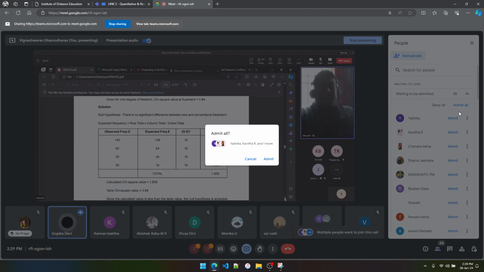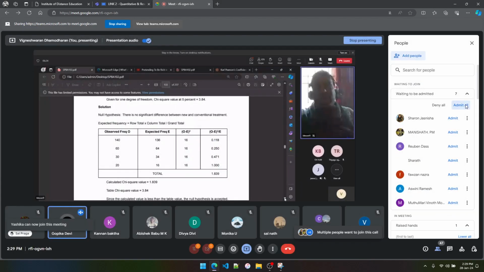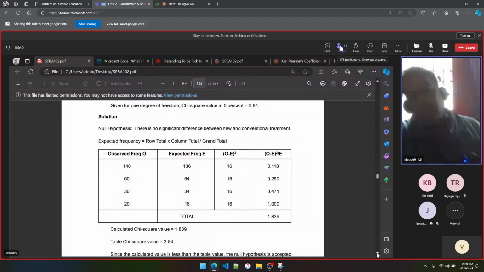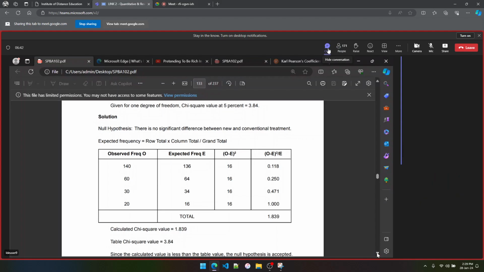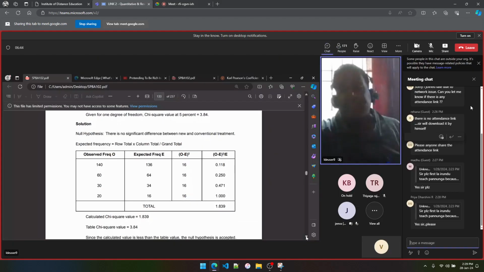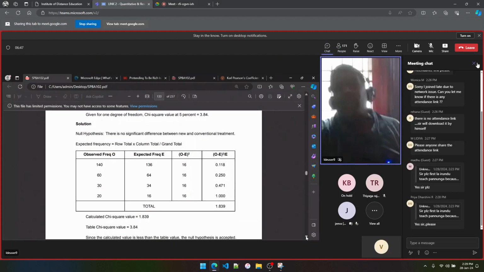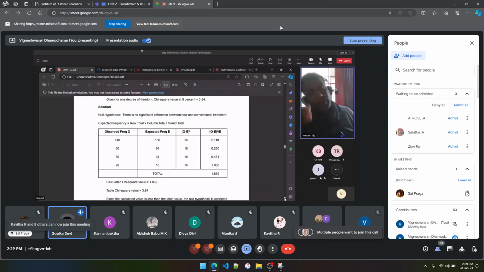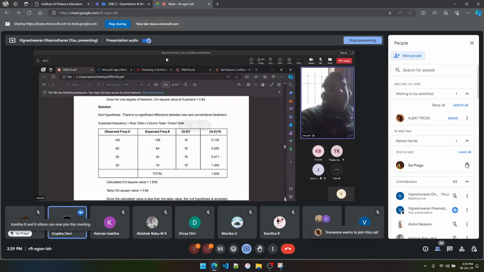We are very happy because all the values are the same, because the differences of all the estimates are the same. I mean 16, 16, 16, that is repeated 4 times, right? Now, we have to calculate the other one, that is the square of the difference of the observed frequency and expected frequency, divided by the expected frequency.